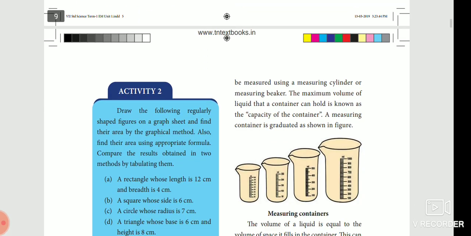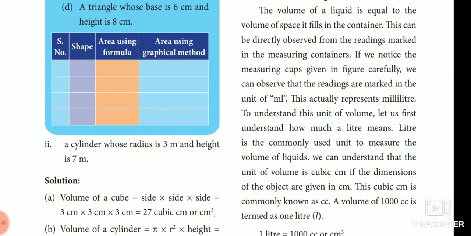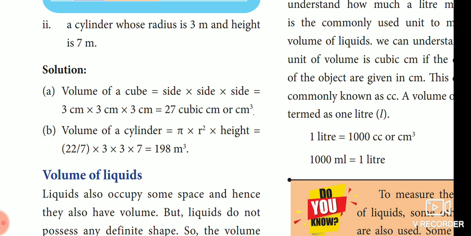A cylinder whose radius is 3 meter and height is 7 meter. The volume of cylinder formula is pi r squared h. Pi value is 22 by 7, it is given in the sum.